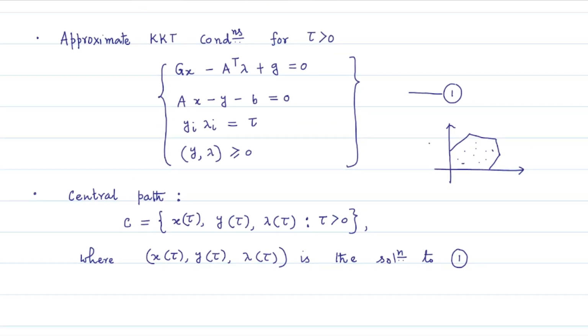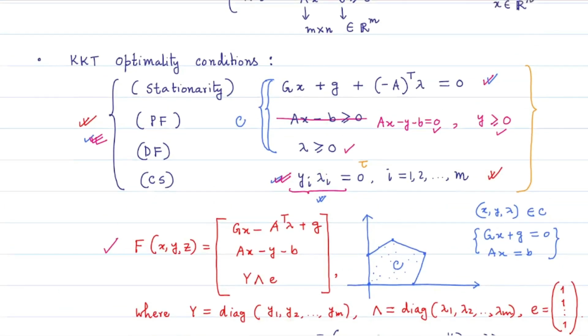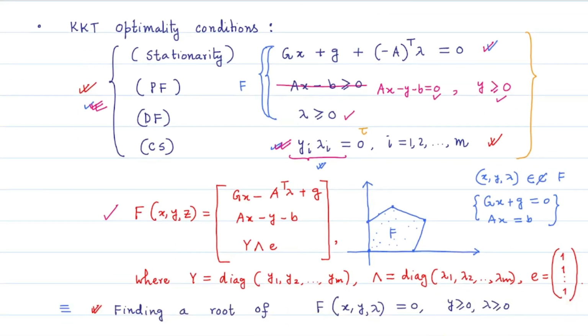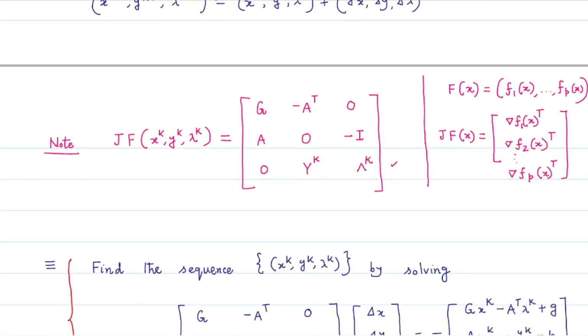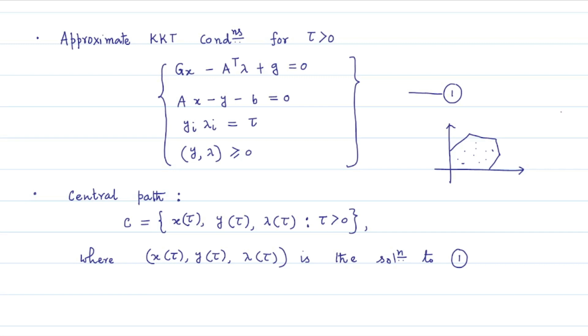Oh, sorry, I have also named the central path as C. So let us name the earlier feasible set by some other name, let's suppose F. Then there will be no confusion, otherwise we may get confused with capital C, which is the usual notation for the central path. So let us keep C as usual in the denotation of interior point methods. Here C is denoting the central path, and here is your feasible set capital F.